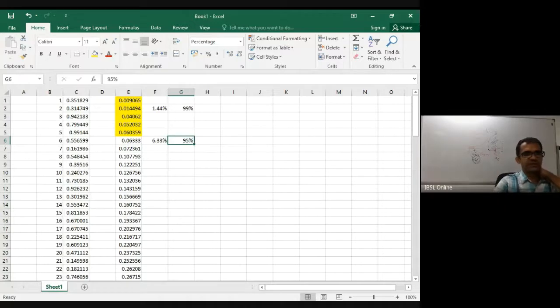So that's why this value at risk was accepted by market participants as a very good measure of aggregate market risk. It gives a single figure, shows you what would be the maximum loss that you can incur with some confidence level.